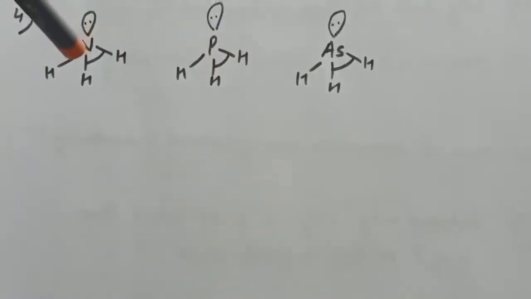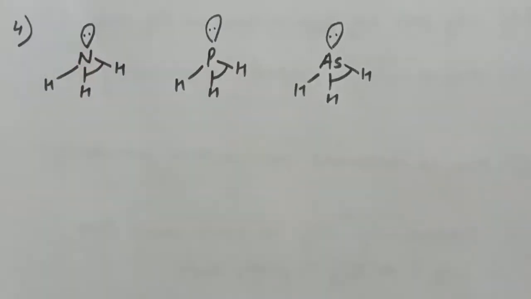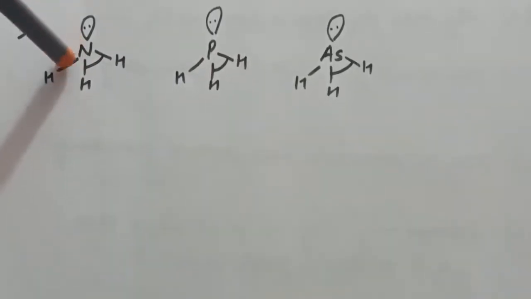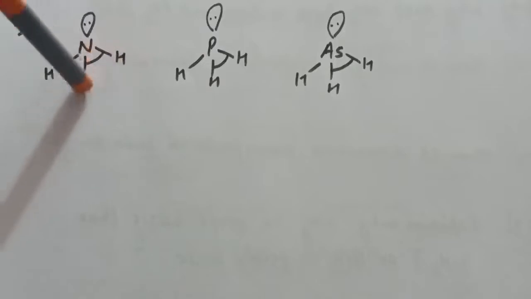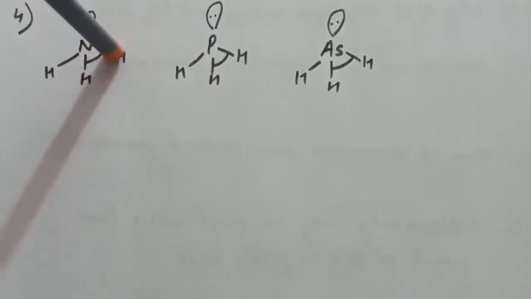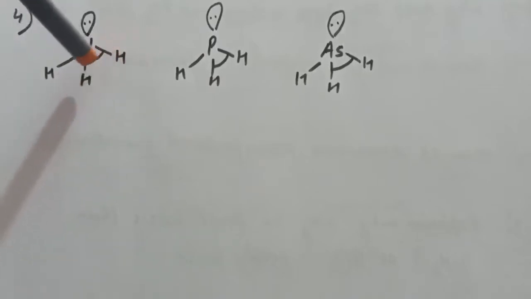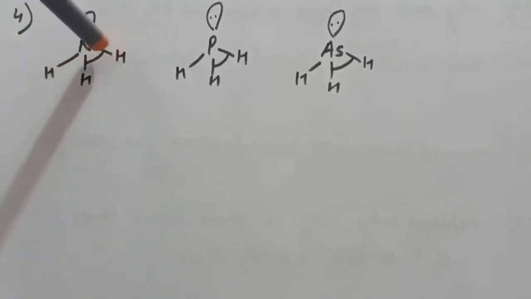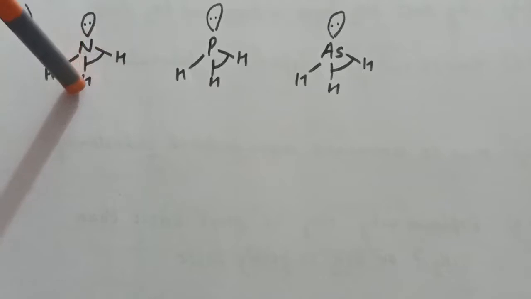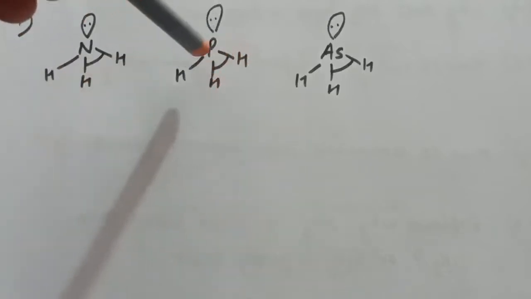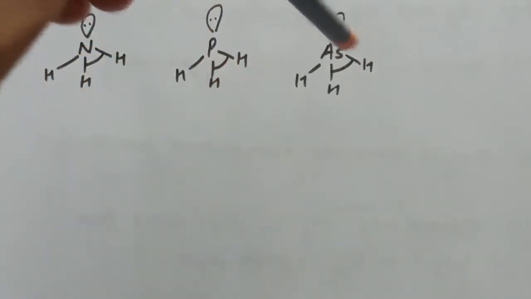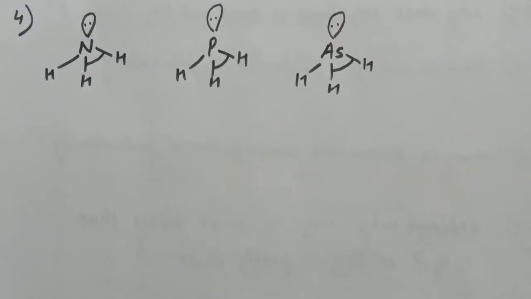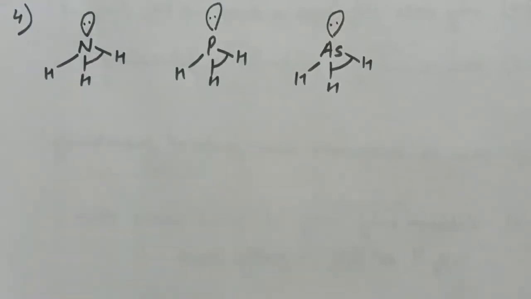That is in case of NH3, these hydrogens are closer and therefore the repulsion between these bond pairs is maximum. That is why the angle between H and H in case of ammonia is higher as compared to HPH and HAsH. So these are the 4 questions which I gave you in lecture number 1.